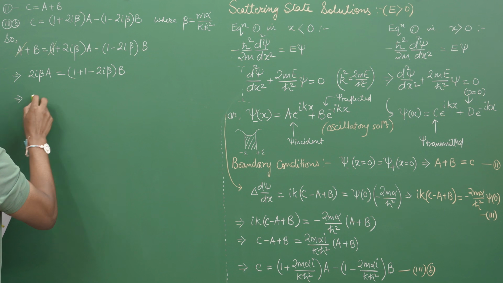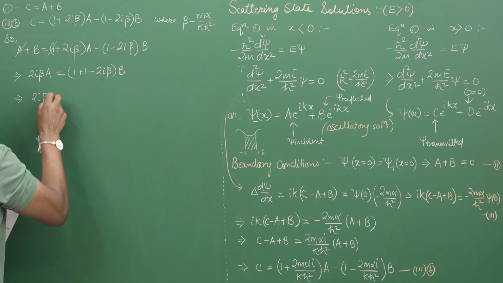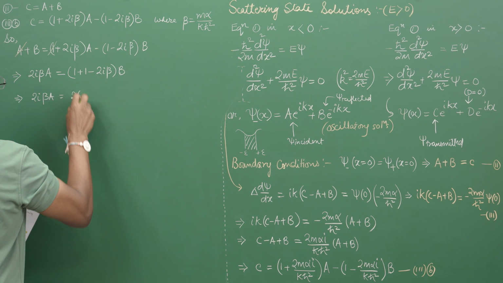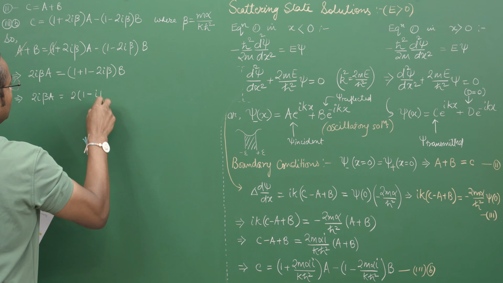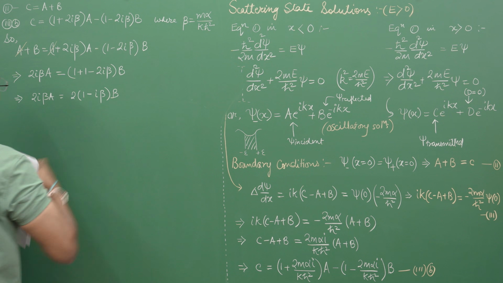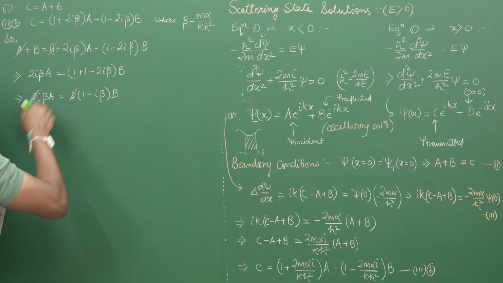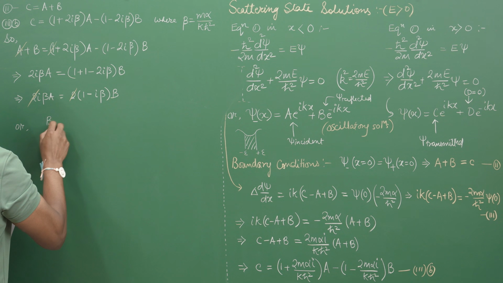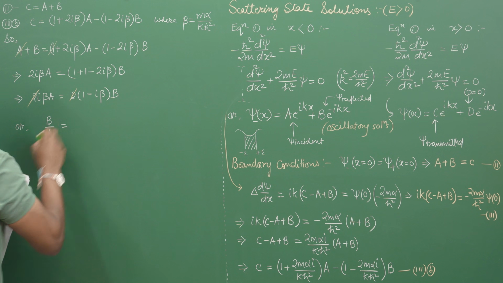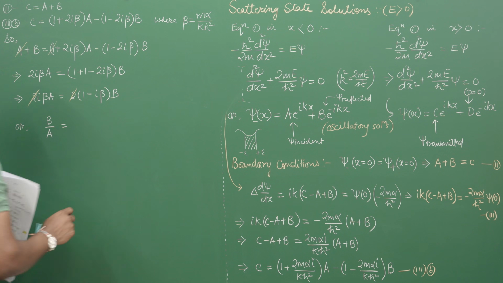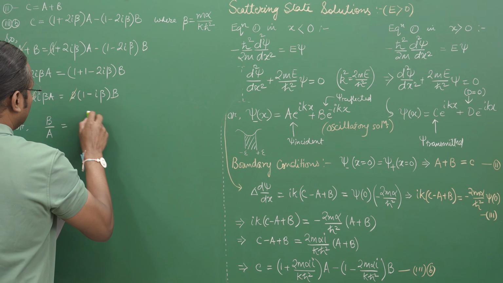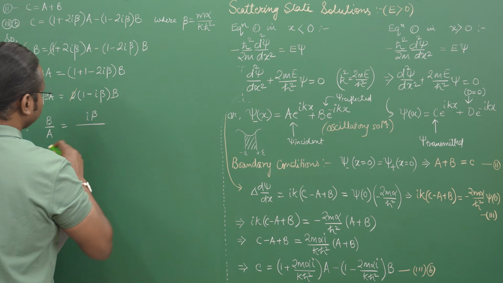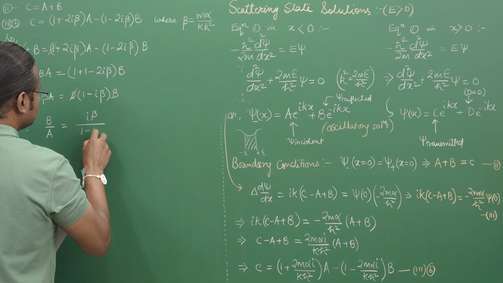So this is essentially nothing but 2 iota beta a is equal to 2 times 1 minus iota beta b, right? So now we are in a comfortable position of figuring out a ratio of b upon a. So if I find a ratio of b upon a, this is nothing but iota beta upon 1 minus iota beta.